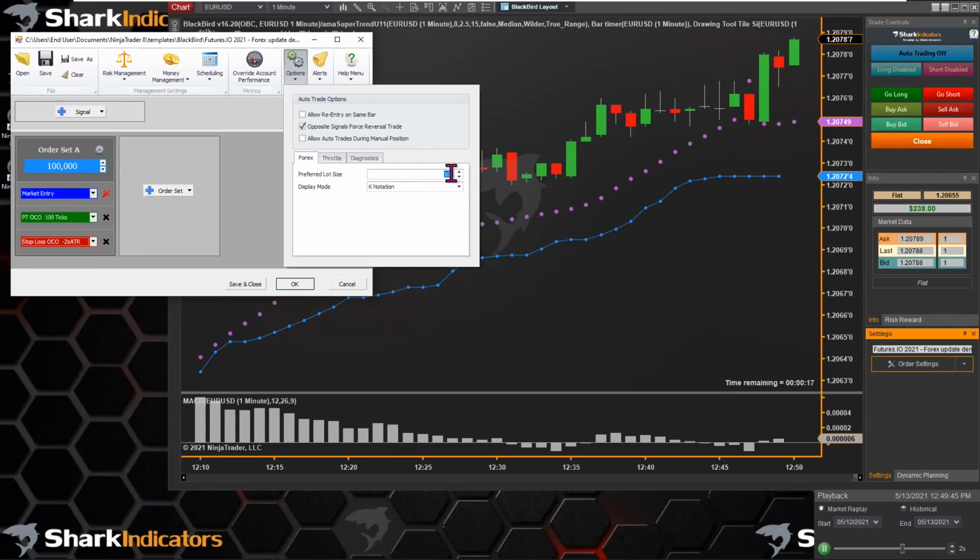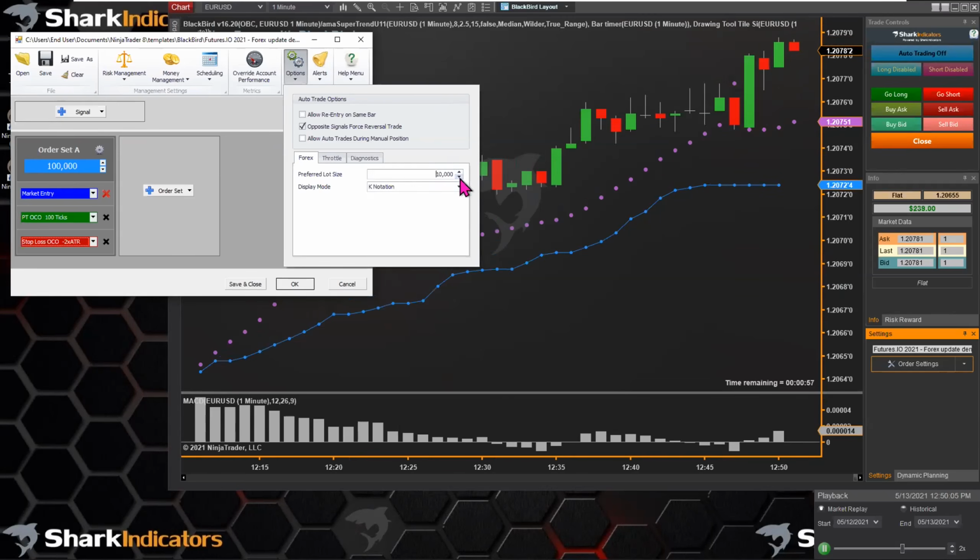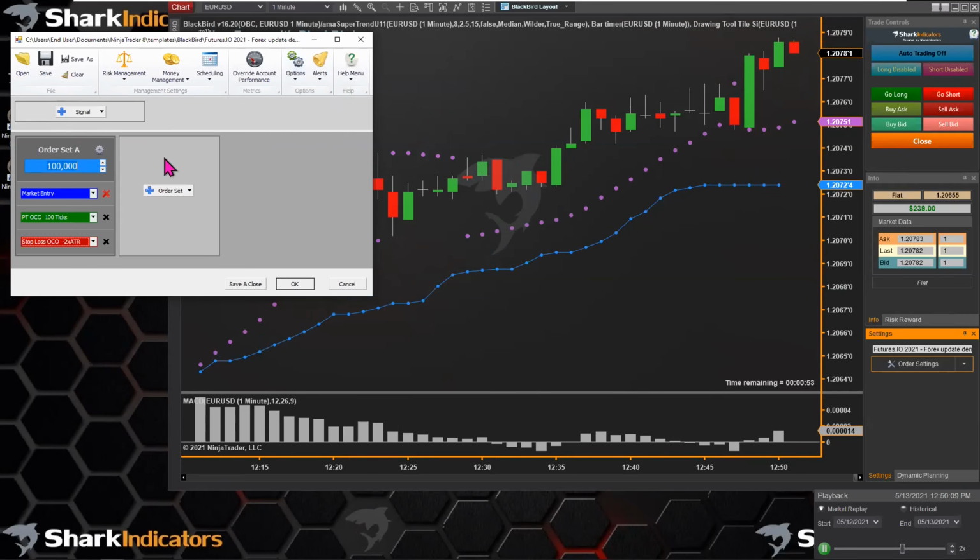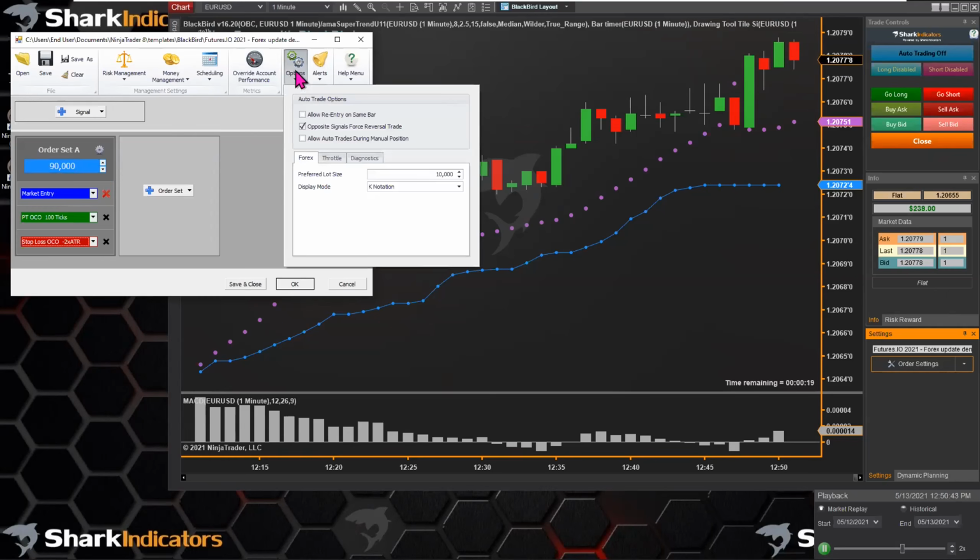It's just a matter of whether your broker supports a pico lot. But you've got the different standard lot sizes there. If I knock this down to a mini lot and go over to my quantity field, we can see it's now incrementing by one mini lot. Let me put this back to a standard lot.